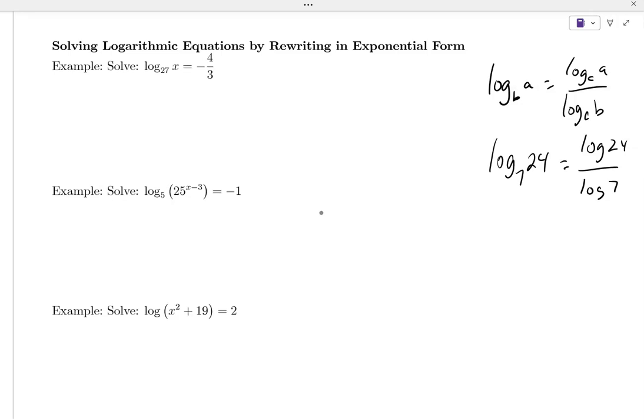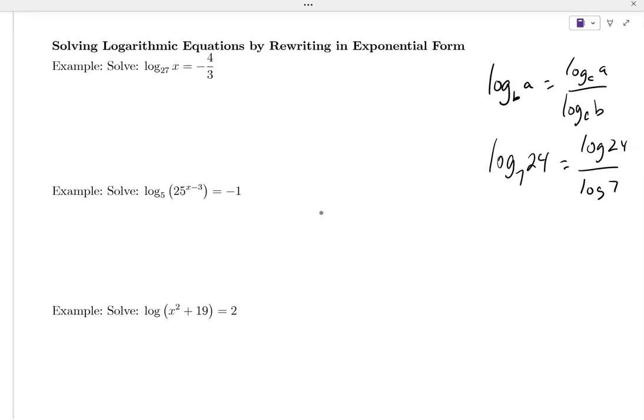So the first batch that we have of logarithmic equations simply just have a logarithm on one side of the equation. A single logarithm on one side of the equation. These we can just rewrite using our equivalent exponential form. So remember, there's a way we can rewrite this so that we can get rid of the log and write it in the equivalent exponential form.